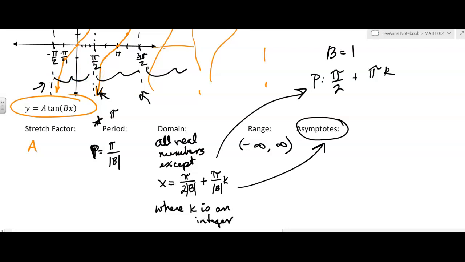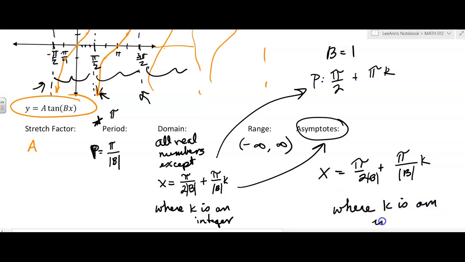And that's what's happening. That's how you're getting all those asymptotes in, okay? So the asymptotes are at x equals pi over 2 plus, well, if it's 1, but if it's not 1, then you have to put the b in, okay? Where k is an integer. Okay, so you'll see it when you graph them.